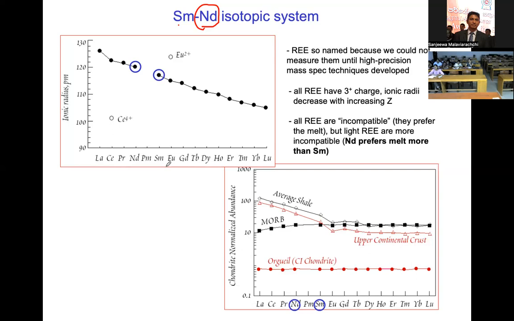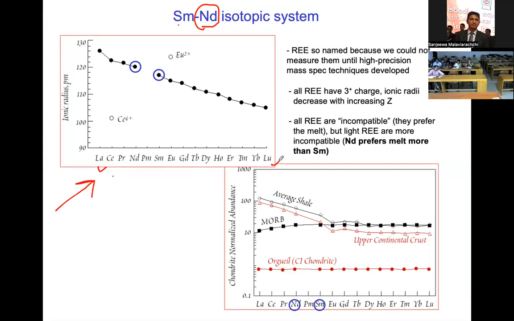Before we discuss much more detail on that, just look into this diagram. What is this diagram? What does it mean? This is the rare earth element diagram, the rare earth element plot. You can see the rare earth elements are there, starting from lanthanum. This is the lanthanide series, starting from lanthanum to lutetium, right?